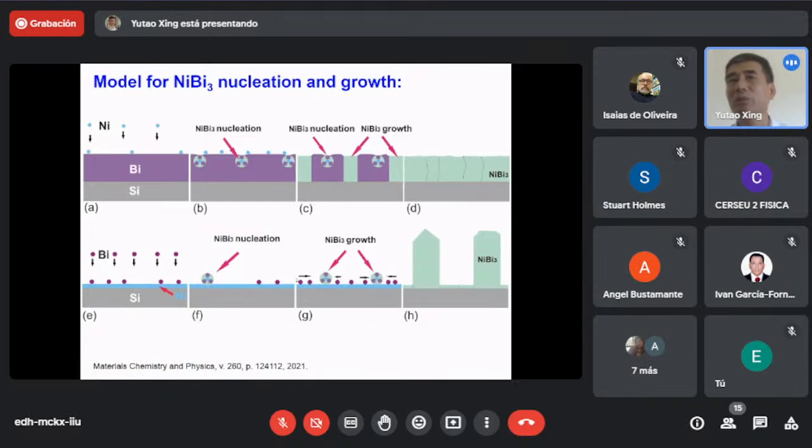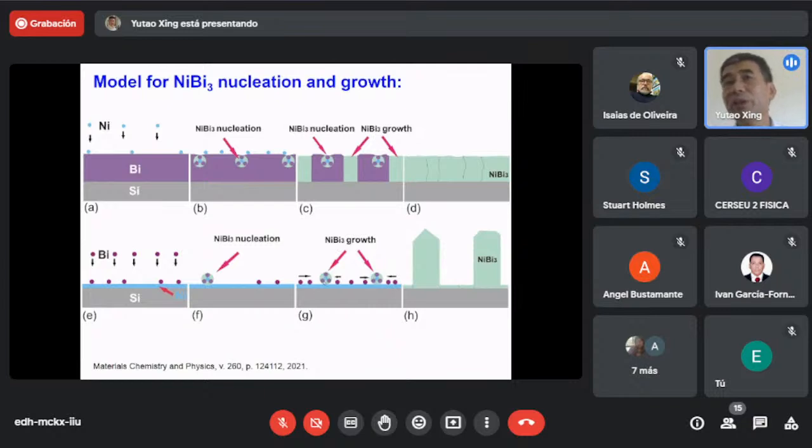It's very easy for them to move and migrate on the surface, and then let the nickel bismuth 3 grow, not nucleate. So the nucleation is much more difficult than the growth of nickel bismuth 3.